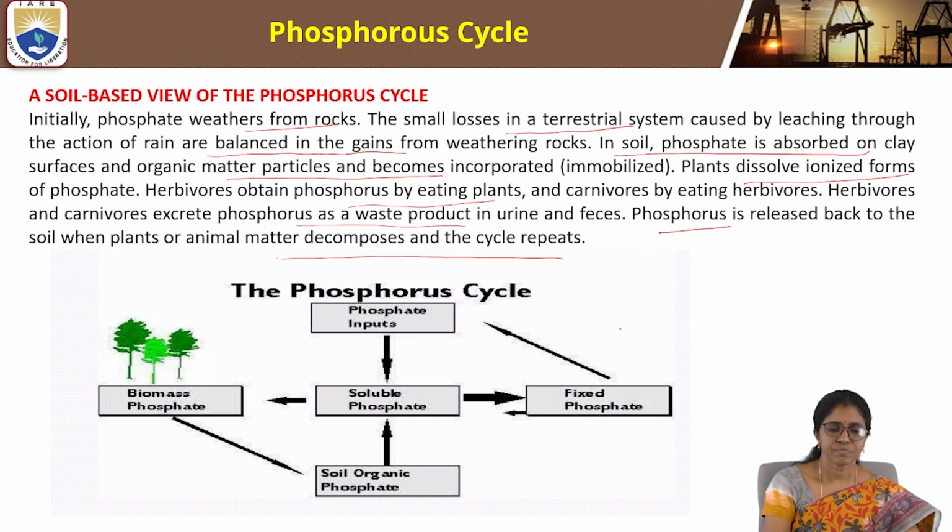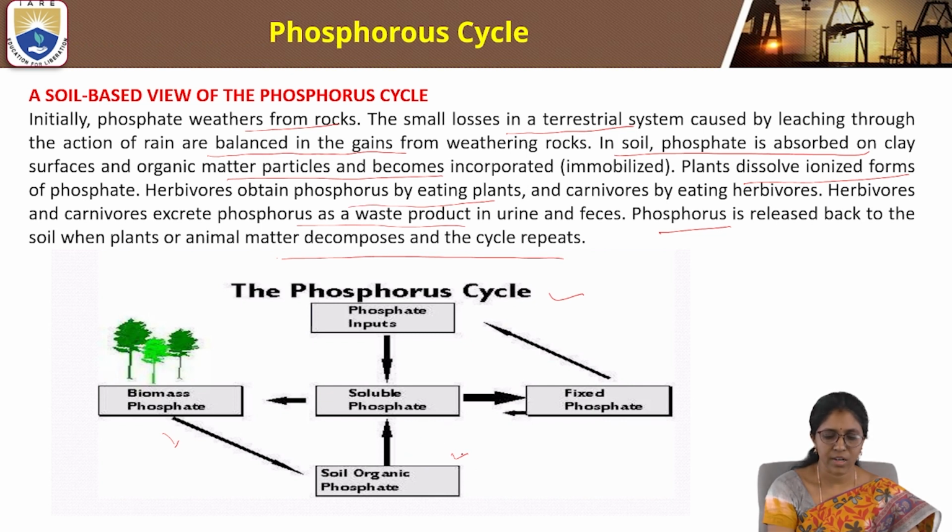In the soil based view of the phosphorus cycle, we have biomass phosphate, which is soil organic phosphate. Here we get phosphate from the rocks.